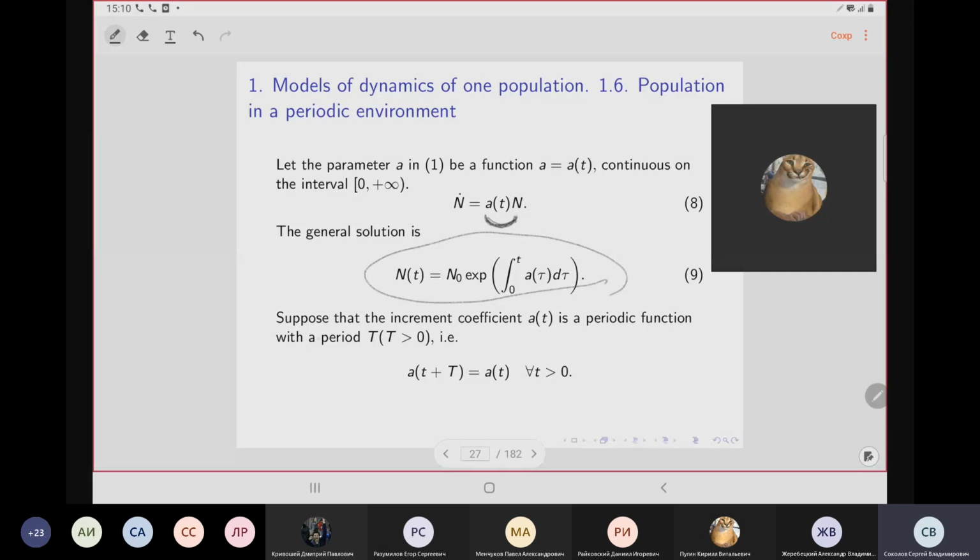So let us suppose that our function A is periodic with some period. And the main question is what will change with the result of the Malthus equation? Will it still grow up or not?